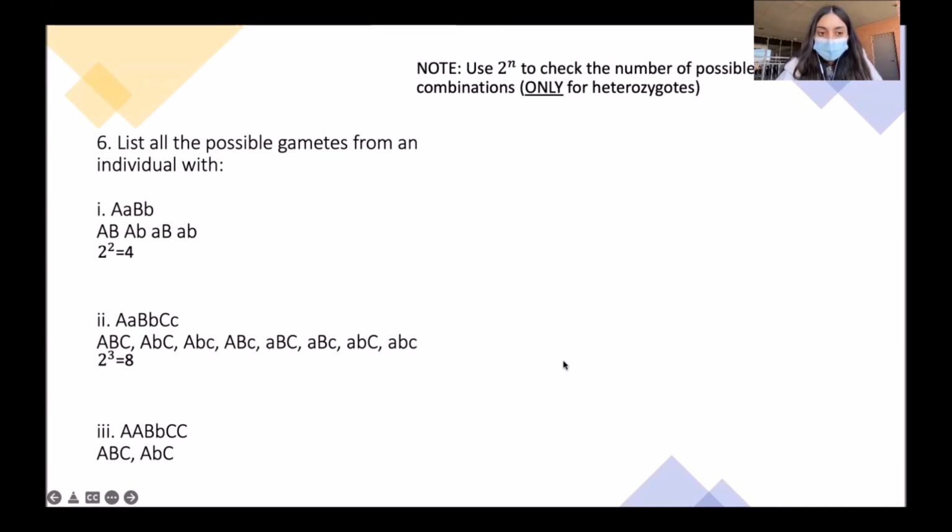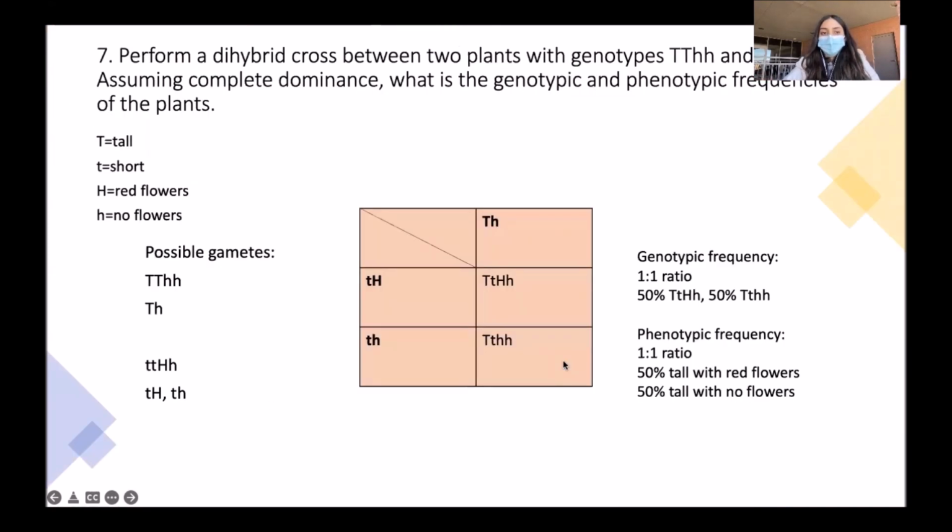So for this question, we're going to perform a dihybrid cross between 2 plants with genotypes big T, little h, and little t, big H, little h. And here we're going to assume complete dominance, and we're going to try to find genotypic and phenotypic frequencies. So first of all, we try to find the possible gametes.